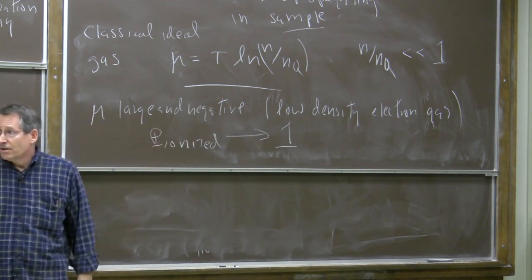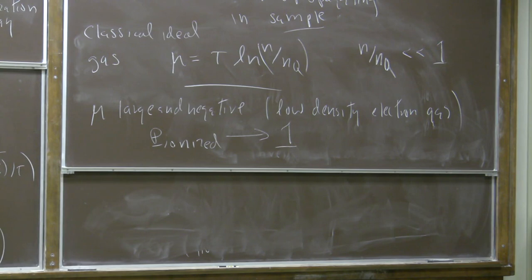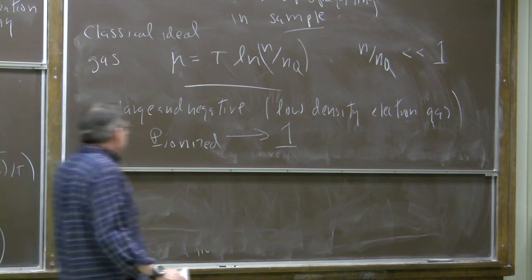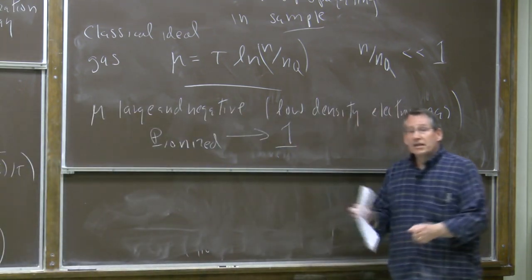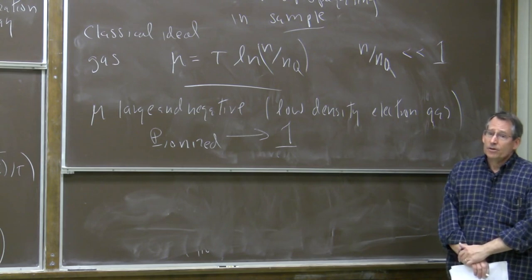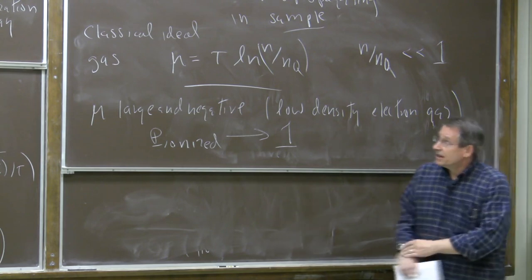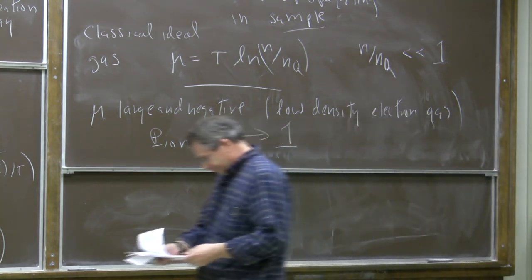So in practice, when we have impurities in materials, usually the electron gas does have a very large and negative chemical potential. And so the impurities typically will want to ionize and give up their electrons to participate in the conduction in the material.